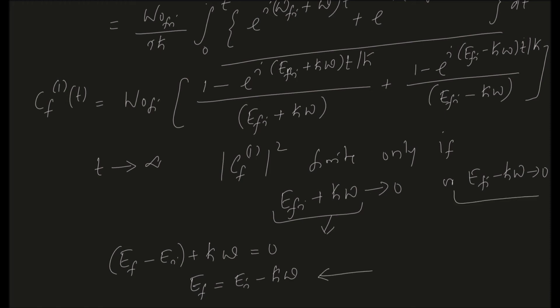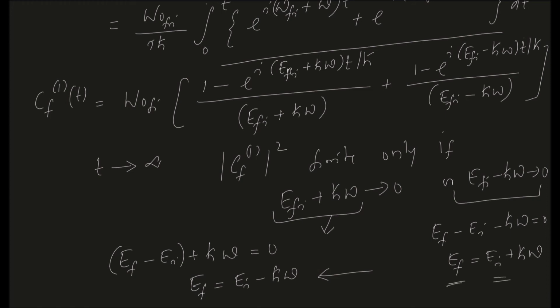Or if you consider the other condition, E_f minus E_i minus h cross omega equal to 0, which tells you that your final state E_f is equal to E_i plus h cross omega. So it tells you that the system receives a quantum of energy. So the final energy state is greater than the initial energy state.